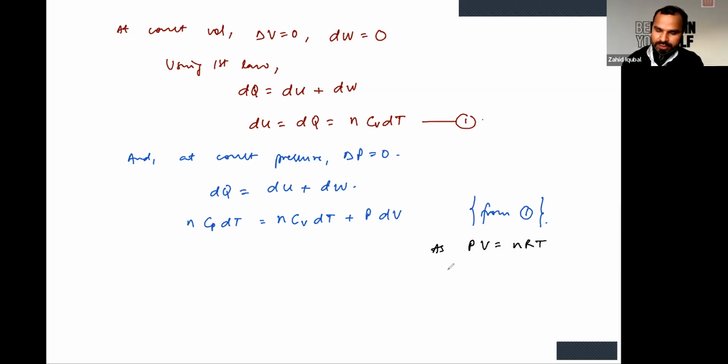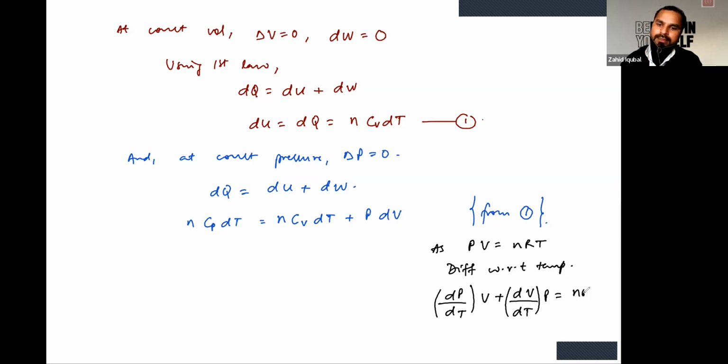If we differentiate with respect to temperature, the differentiation of the first part, that is pressure, multiplied by volume, plus differentiation of volume multiplied by pressure is equal to nR, and T being the variable, its differentiation will be just 1. Is it clear? Yes, sir.